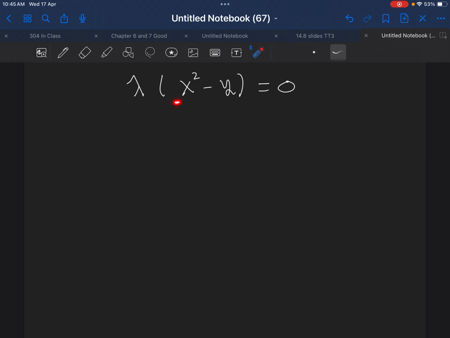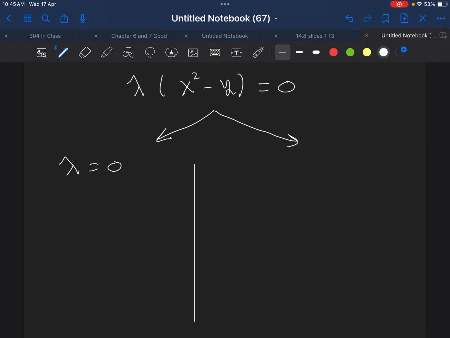Now we have 2 numbers. If we multiply them together, we get 0. So we have 2 options here. Option number 1, lambda is equal to 0, or we have x squared minus y is equal to 0. So we have 2 branches, 2 options.